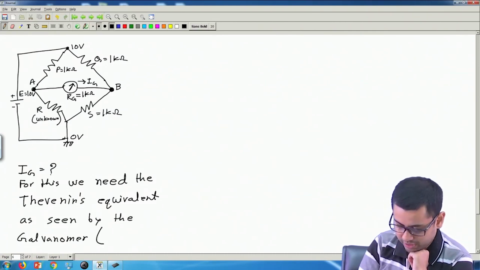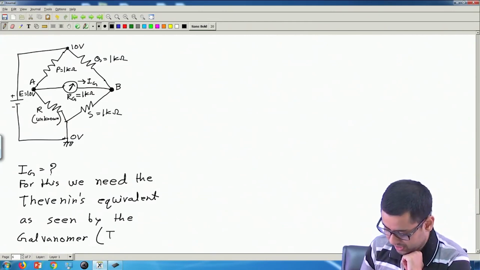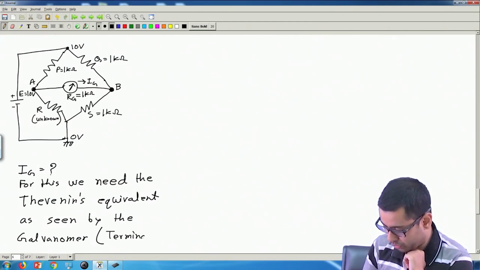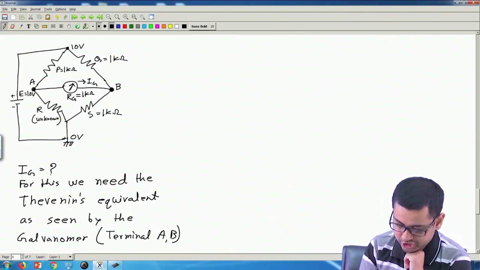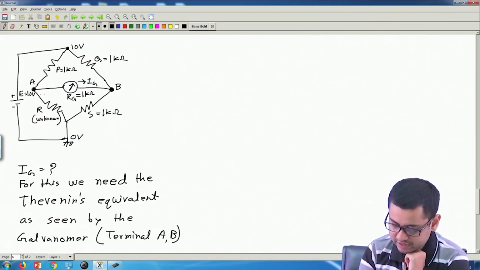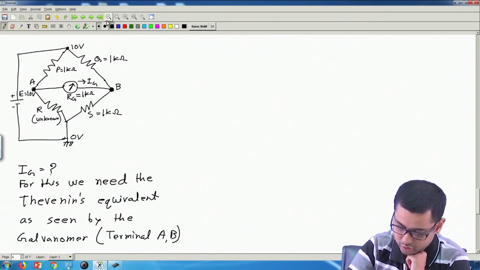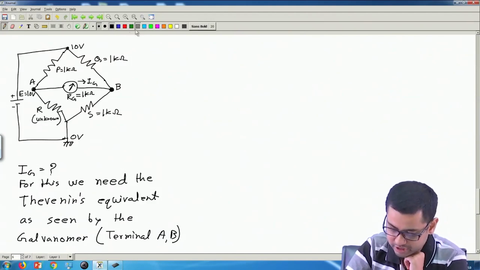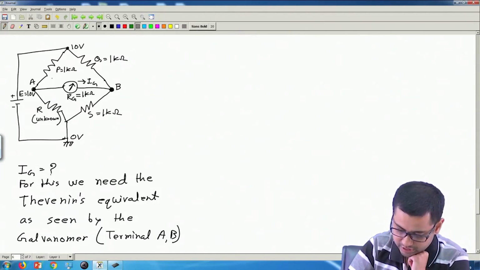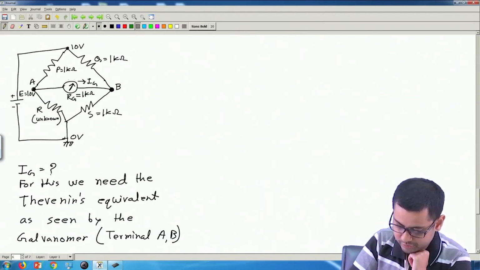That means from the terminal A and B, terminal AB or port AB. So, between these 2 points we will find the Thevenin equivalent of the circuit. Okay. So, we will find the Thevenin equivalent as seen by this galvanometer.